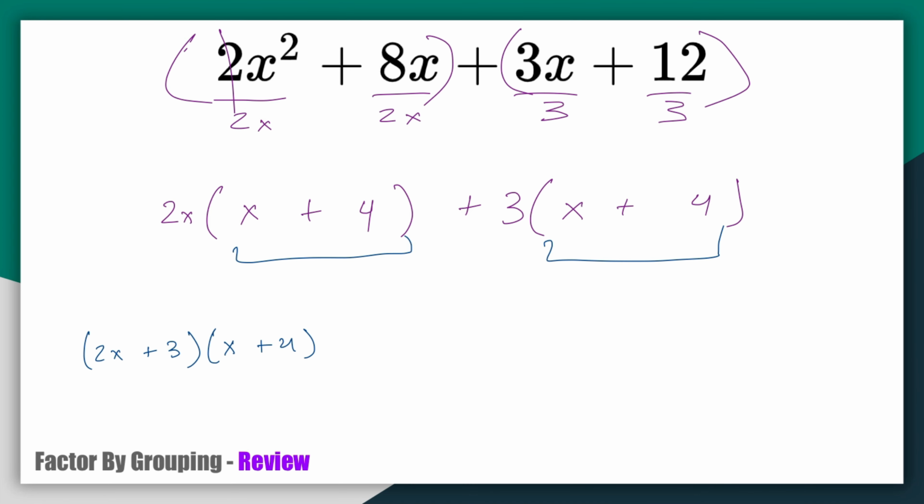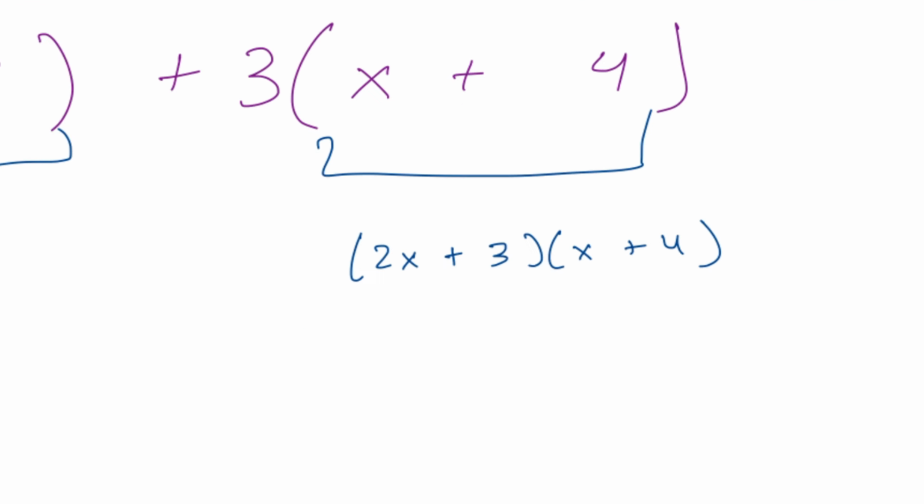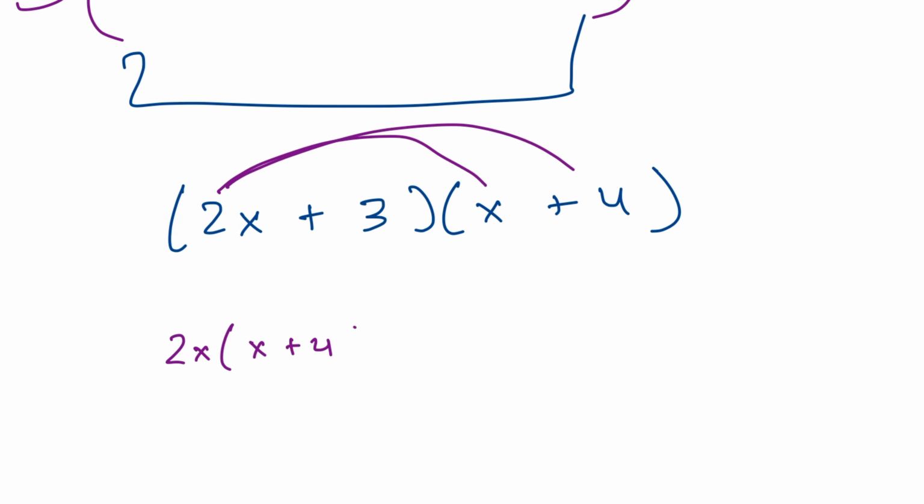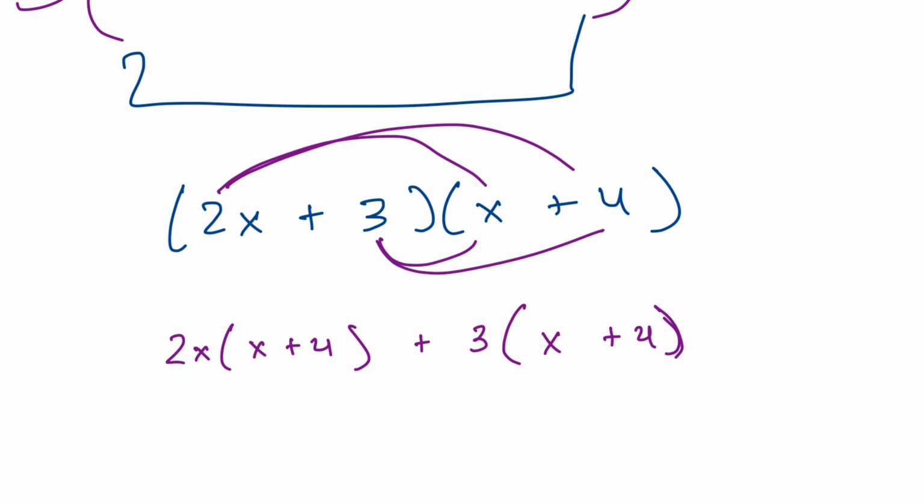If I take this term, watch this. You're all going to think this is crazy. 2x plus 3 times x plus 4. If I were to write out the distribution, 2x times x, 2x times 4. So if I wrote it out, that's 2x times x plus 4. And then 3 times x and 3 times 4. If I wrote that out, that's 3 times x plus 4, right?